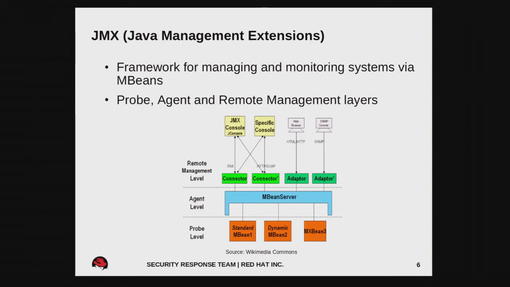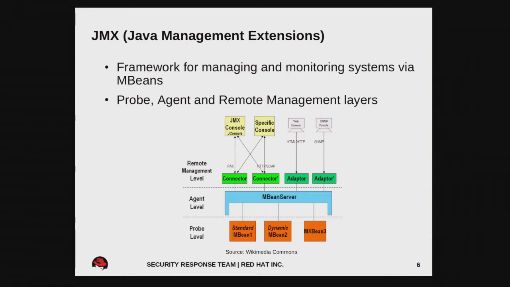The architecture of it is you have a probe, an agent, and a remote management layer. And the important thing here is that the JMX console is an implementation of the remote management layer. So what it lets you do is go down into the managed beans and invoke methods, set property values, and so on to object instances inside the app server.